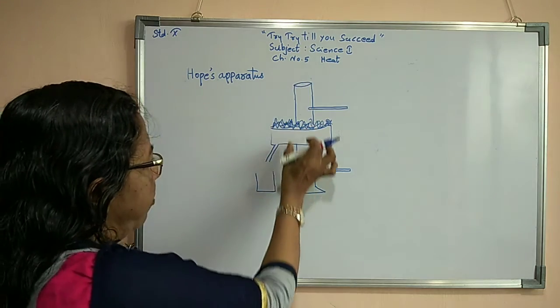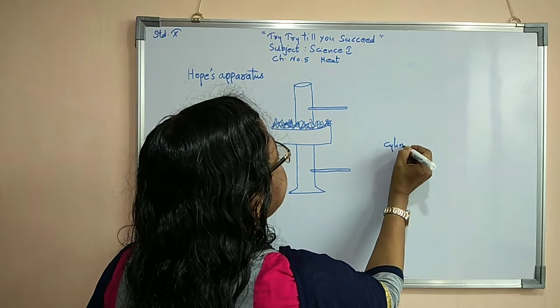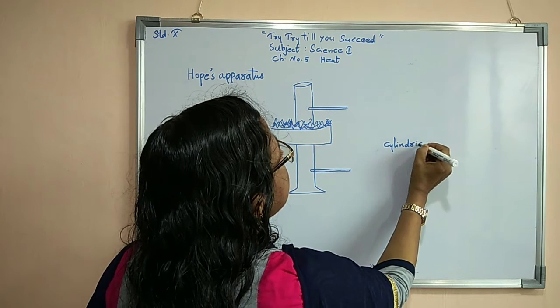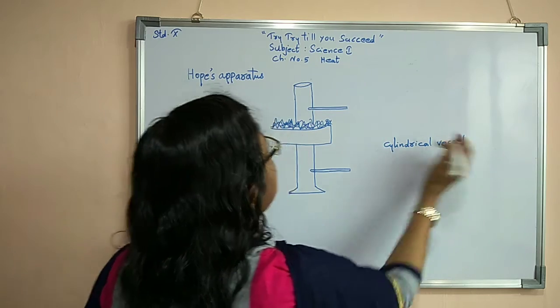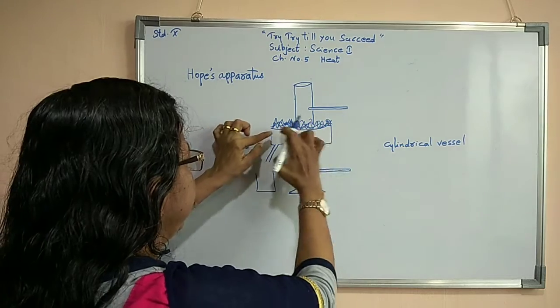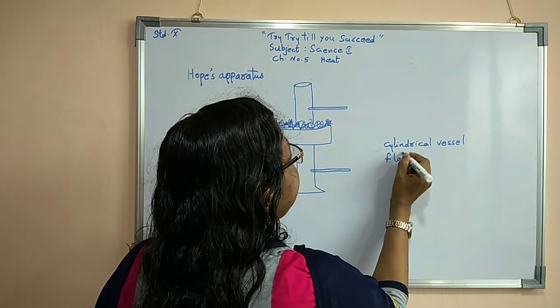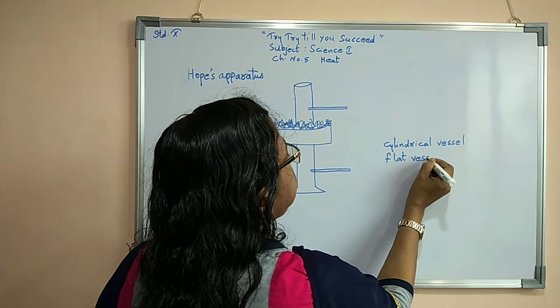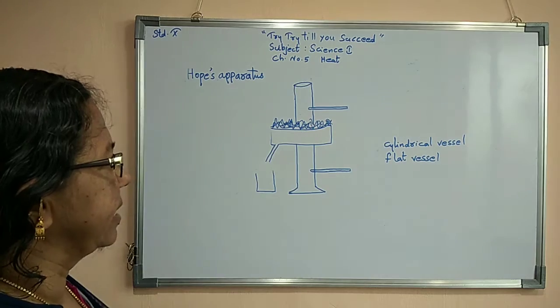Here you can see one cylindrical container or cylindrical vessel. At the middle of this cylindrical vessel, you can find there is one flat vessel. Both of them are attached to each other.